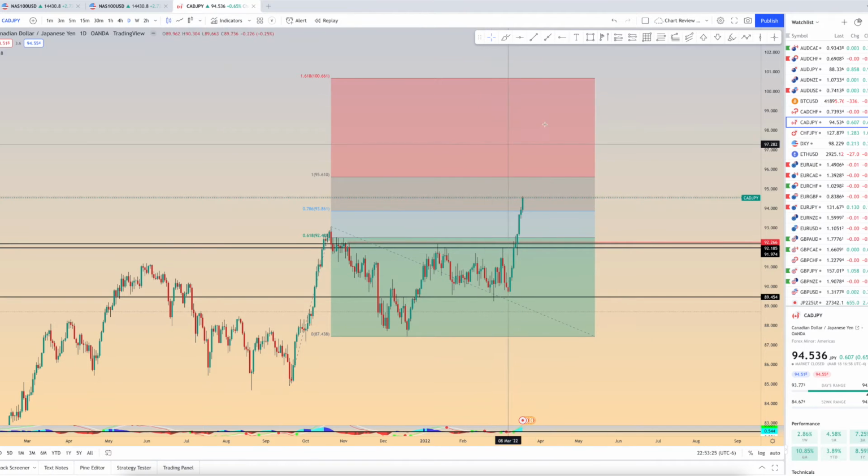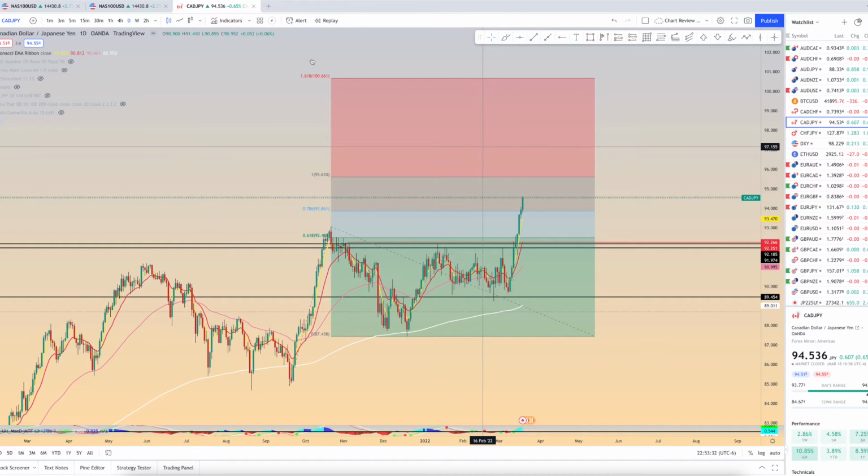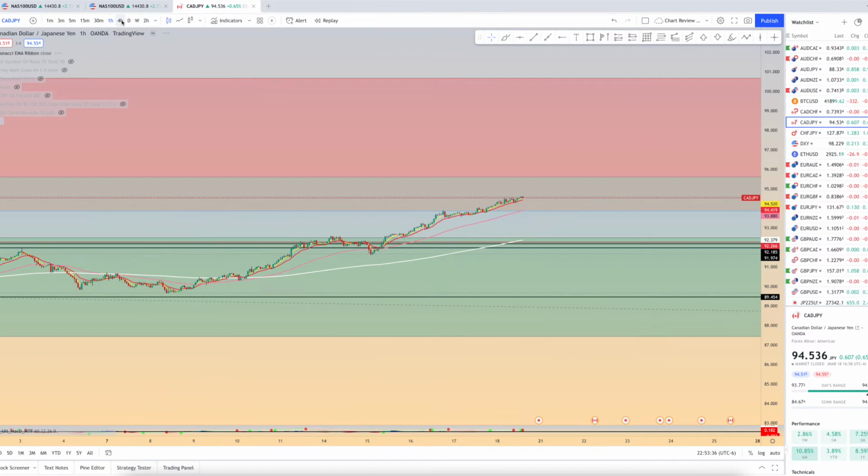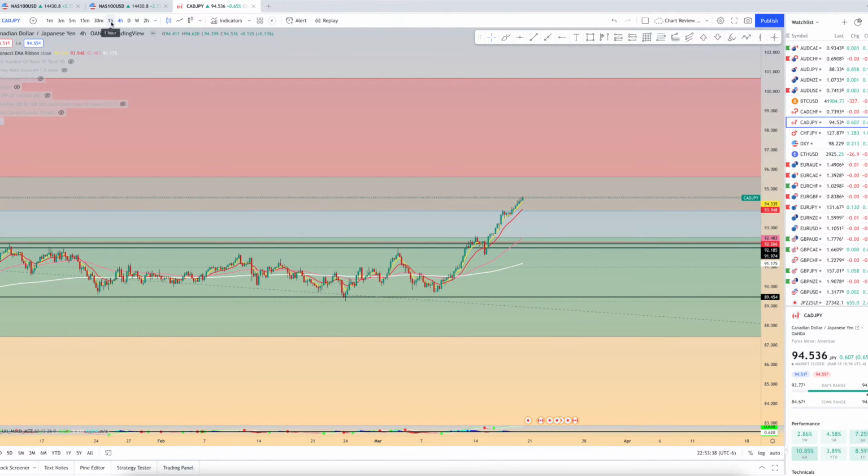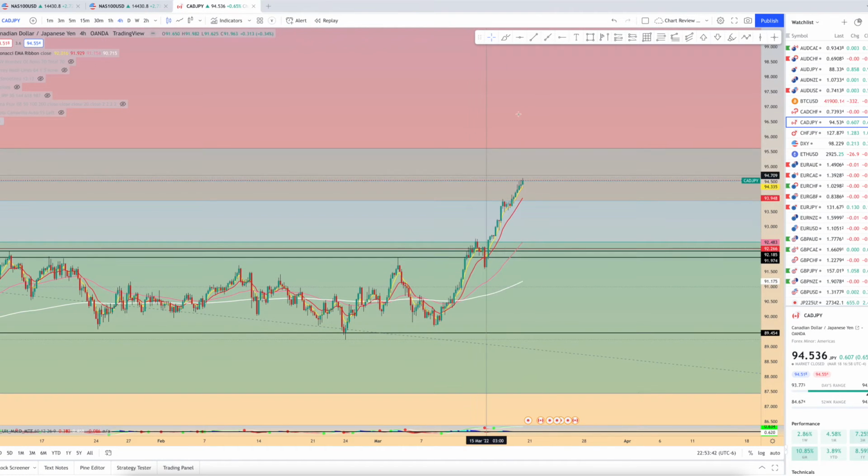We'd be looking for a reversal somewhere here, and the best thing with this strategy is you would incorporate your EMAs. We would do it on the 1 hour or the 4 hour. I personally like to do a 1 hour just to get tighter entries in. But if we cross into this red zone and then our EMAs cross, so the yellow crosses the red, that would indicate a pretty strong entry for a sell.